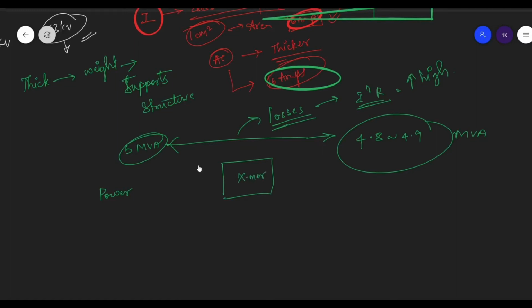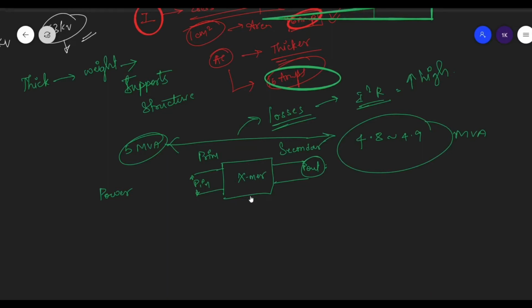The transformer has two windings. I'm just giving an external idea of how a transformer works. It has two windings, one is the primary and the other is the secondary. Whatever power input you give here, that power will appear across your output, that is P output.